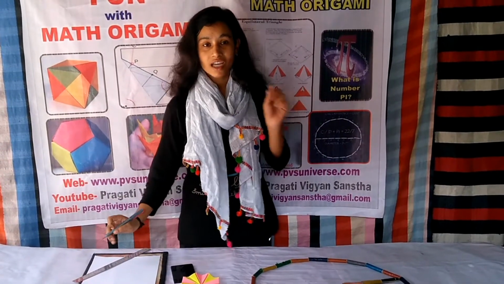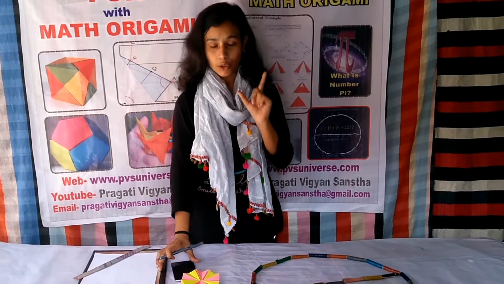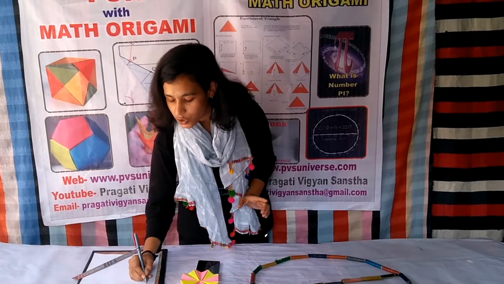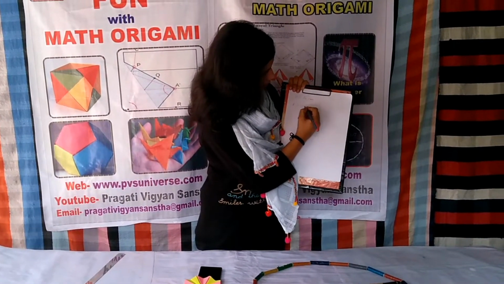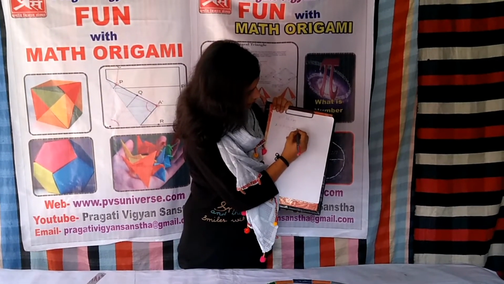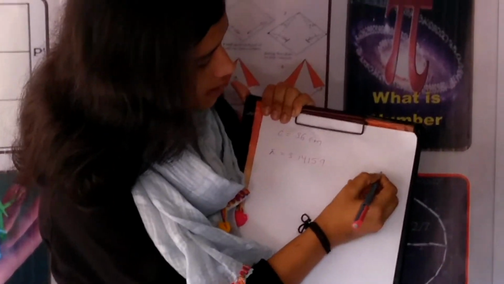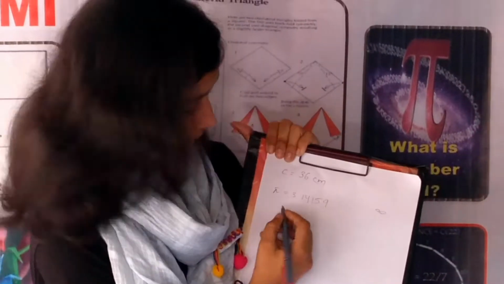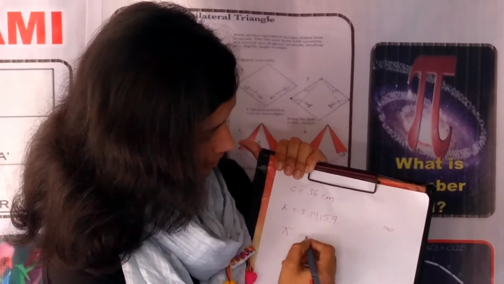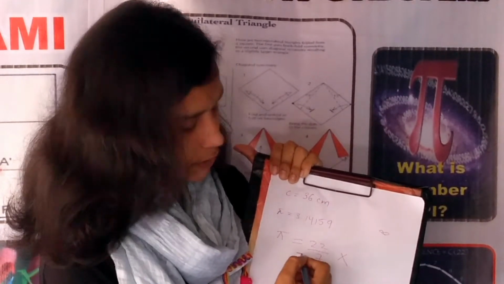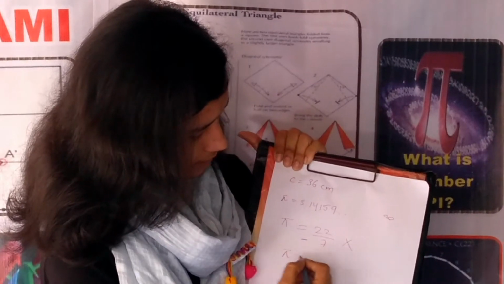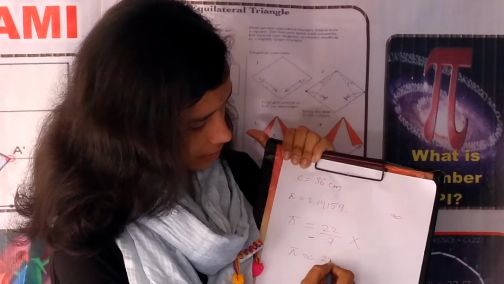It gives only 2 digits after the decimal as pi, because actual pi is 3.14159, which goes up to infinity. We should not write 22/7 as pi, we should write that it is just approximate to pi.